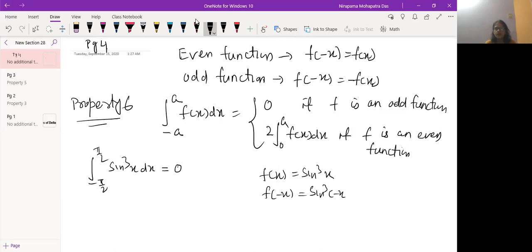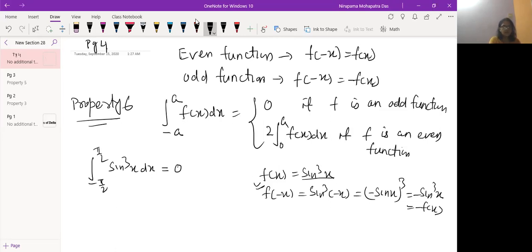Sine minus theta is minus sine theta. So minus sine x whole cube, that is minus of sine cube x, right? So f(x) equal to sine cube x, f(minus x) is minus of f(x). So it is an odd function. Once you show this is an odd function, you can write it is 0 by using this property. So specifically in 1 marker questions, it is very, very helpful.